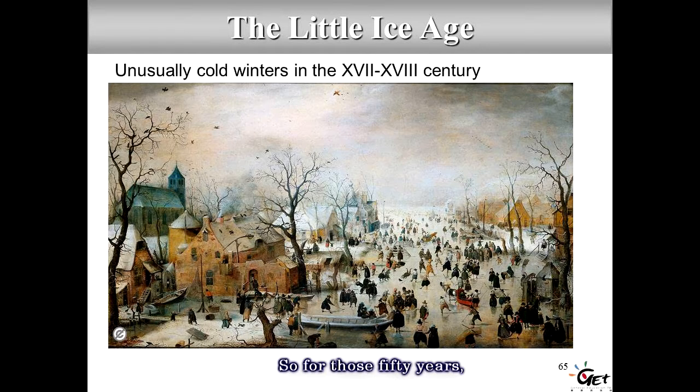So for those 50 years, the temperature was very, very low. So there is a direct correlation between the sun's activity and the climate on Earth. But just to come back to what I mentioned a few weeks ago, when talking about climate change, keep in mind that it's far more complex than sometimes what media and politics want to tell you. Okay?